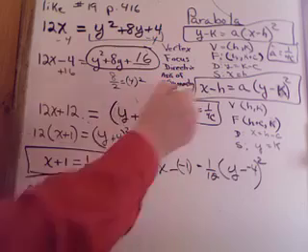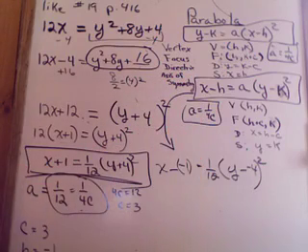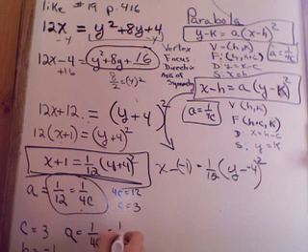Now I have this in the perfect form to match that one. So h is minus 1. What do you think k is? Minus 4. We know c is 3, right? What's a? a is 1 over 4c, right? 1 over 4c, and we found c is 3, so 1 over 12.